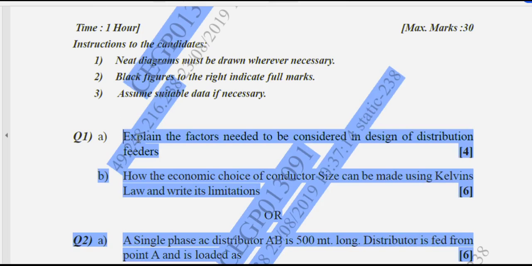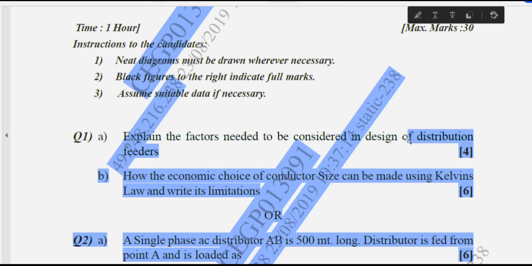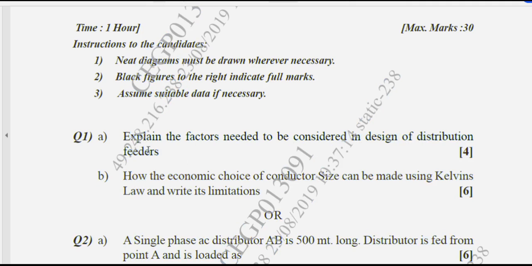explain the factors needed to be considered in the design of distribution feeders. So we have discussed the definition of the distributor and the important points or factors which have to be considered for designing the distribution feeders.